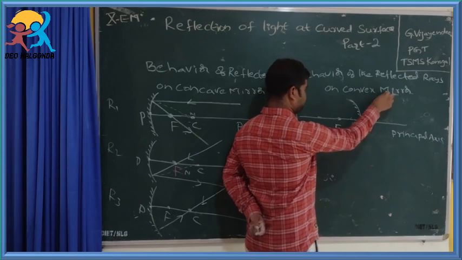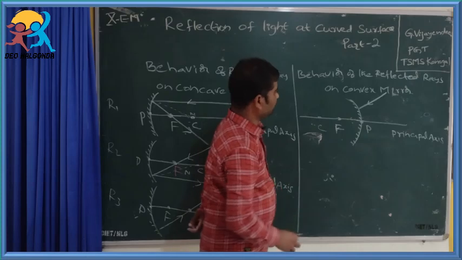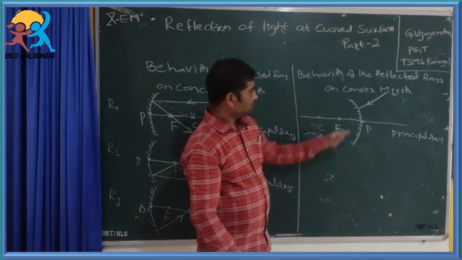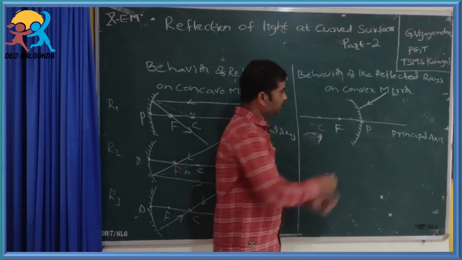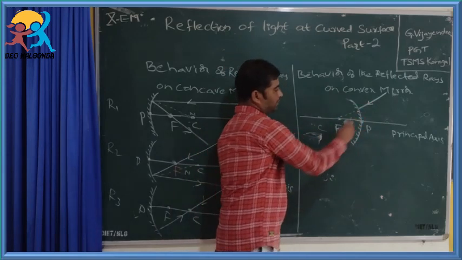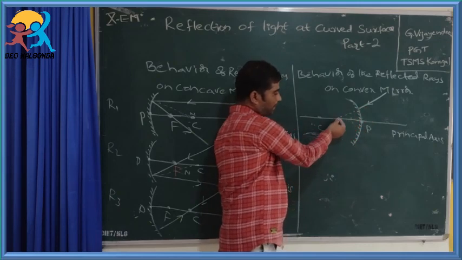Here the incident ray is incident on the convex surface. If we extend this incident ray, it appears to pass through the focus.